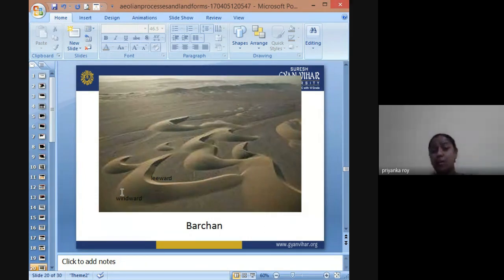So this is the windward side where wind starts depositing sand, and as wind is moving towards the northeastern side, this is making a concave-like formation here, if you see. So these two arms, these two edges, this one and this one, are called the horns of the Barkhan or the dunes.